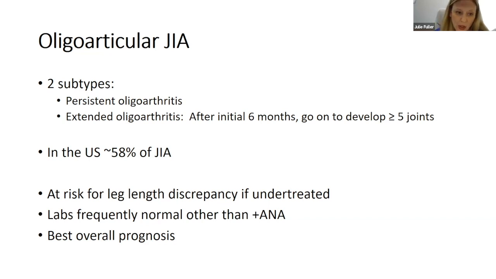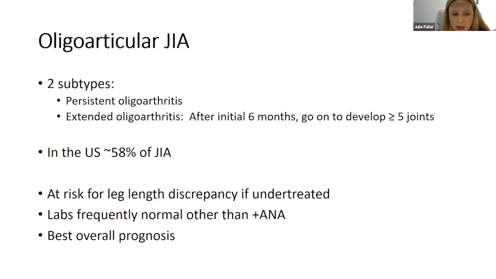Or you may see the term extended oligoarthritis, which means after their initial presentation, after 6 months, they do go on to develop really more of a polyarticular course with greater than 5 joints. And that really just helps us think about the patient and their long-term prognosis and what medications may be best for them, because the more joints they have, or the more persistent their arthritis is, the more likely they'll have chronic or relapsing illness.